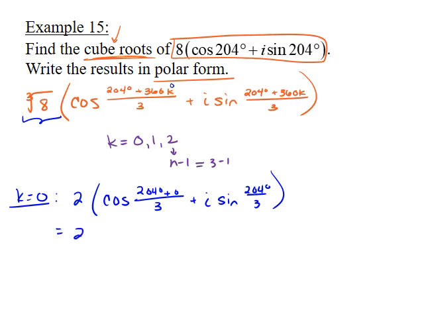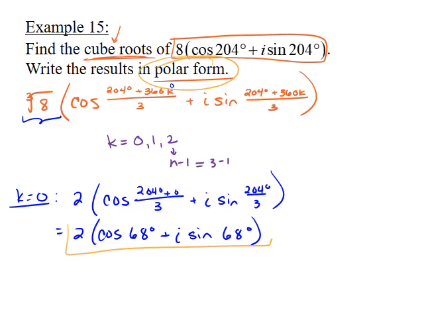This gives me 2 times cosine of 68 degrees plus i sine of 68 degrees. Since we were asked to write our results in polar form, this is one of the cube roots of 8. So this is one of our answers. I'll find the other two answers on the next slide.